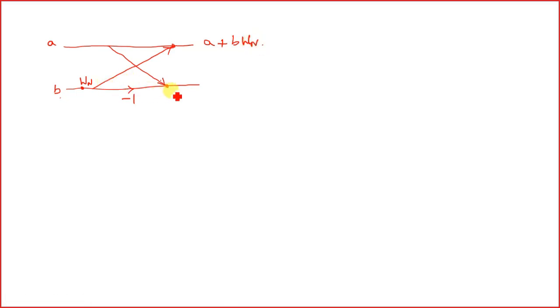On the contrary, at the lower end, we get A. Then to this adder we get B Wn multiplied by minus 1, so it comes out to be minus B Wn. So this is a basic butterfly architecture.